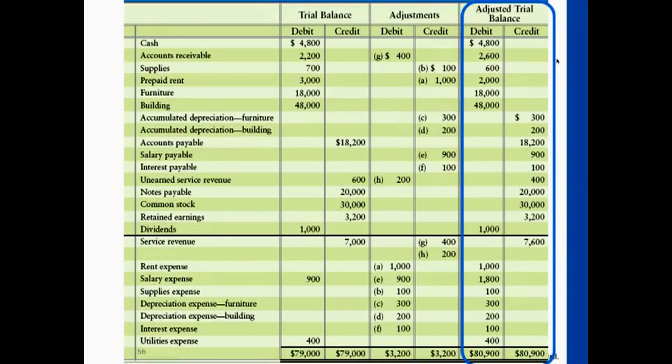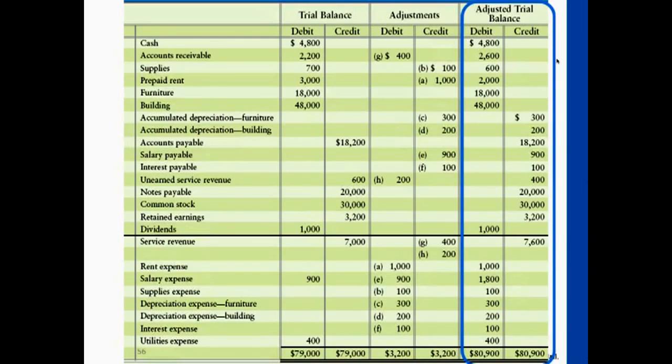Now for accumulated depreciation, originally we didn't have anything listed because this is an adjustment we just did. You just copy the 300, 200 to the right side. For liability accounts, remember the normal balance is the credit side. Accounts payable is listed at $18,200, and we just copy the same information since no adjustments were made.